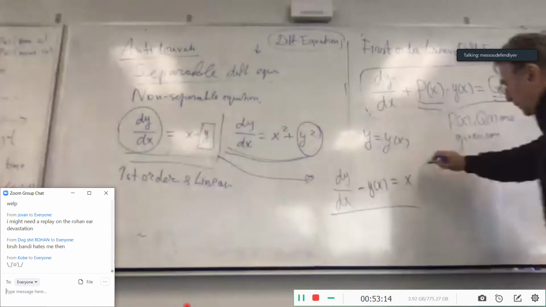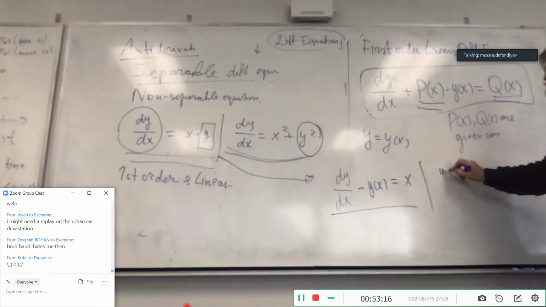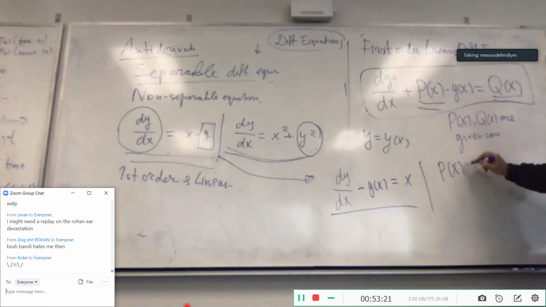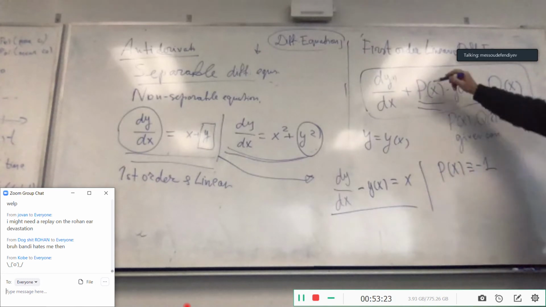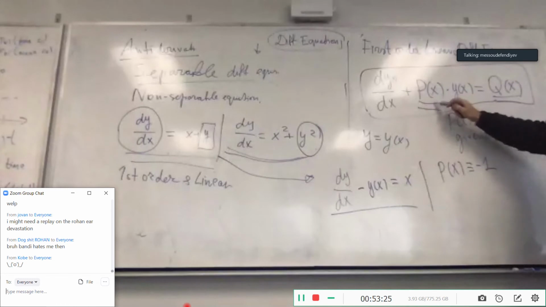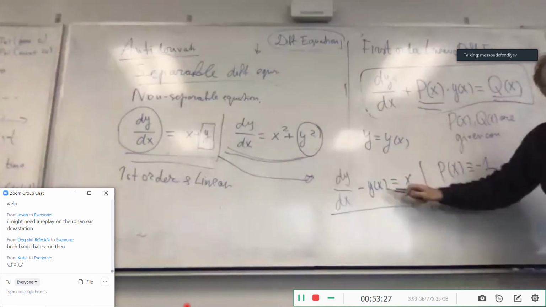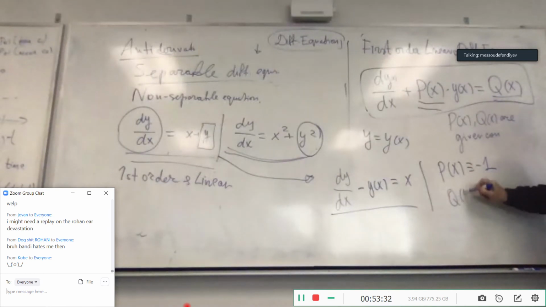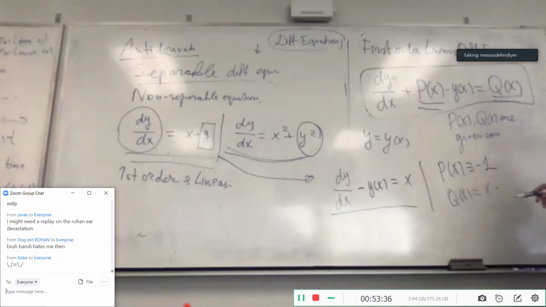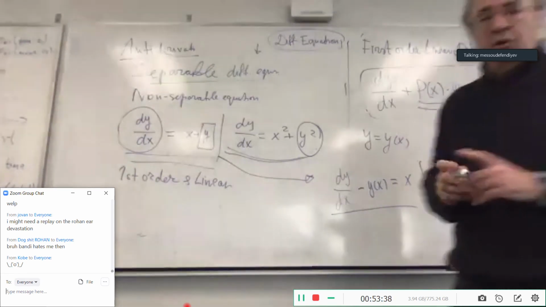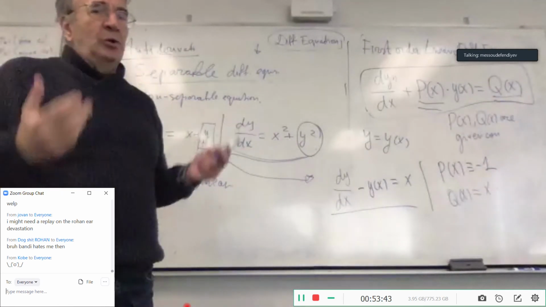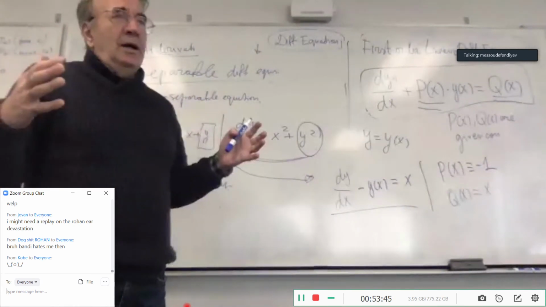For this equation, p of x is identically minus 1, because minus 1 times y of x is minus y of x, and q of x is equal to x.